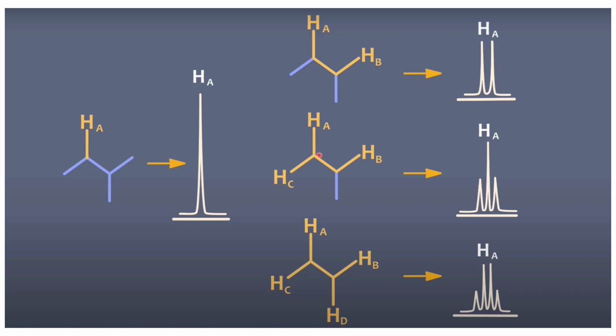Two neighboring protons will give a triplet and 3 neighboring protons will give a quartet. You can even see quintets and septets, which are 6 and 7 peaks in some cases. This spin-spin coupling gives us valuable information about the connectivity of atoms in a molecule because it shows us which protons are close neighbors to which protons.